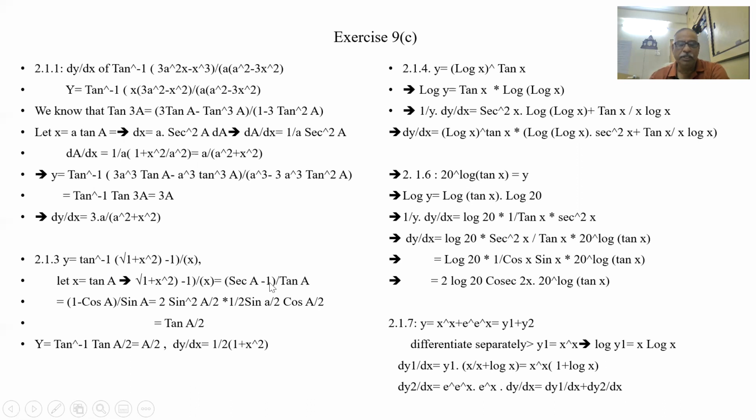That is 1 minus cos a by sin a, and 1 minus cos a by sin a means tan a by 2. So this whole function becomes a by 2. So dA by 2, and dA by dx we can get from this equation.